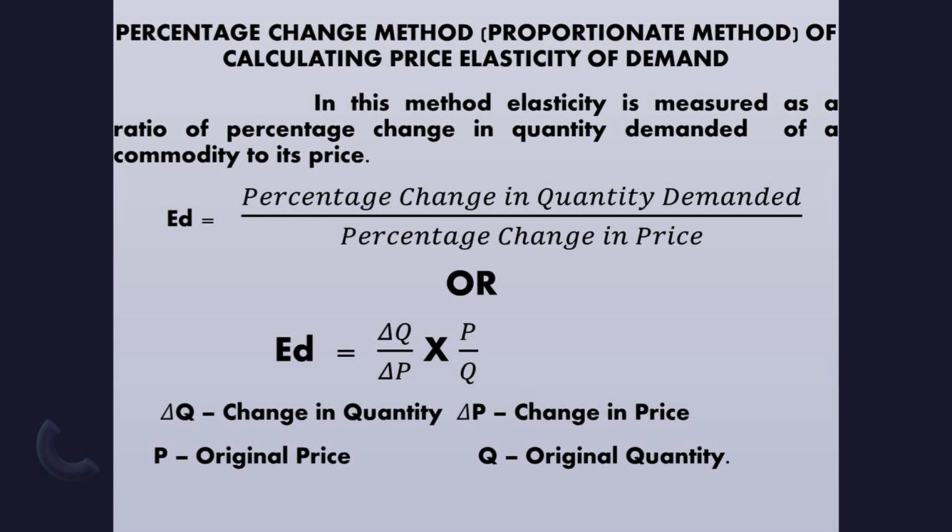So the formula for ED is percentage change in quantity demanded divided by percentage change in price, or we can denote it numerically as delta Q divided by delta P into P upon Q. Delta Q denotes the change in quantity, that is from Q1 to Q2, and the change in price is denoted by P1 to P2, with the original price and the original quantity as given in the question. We are going to write it down as it is.